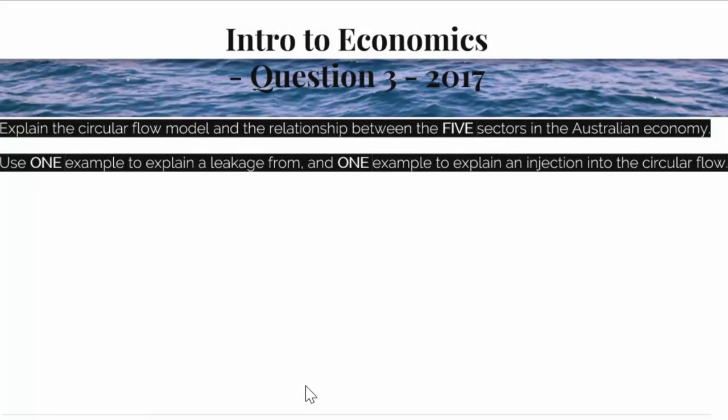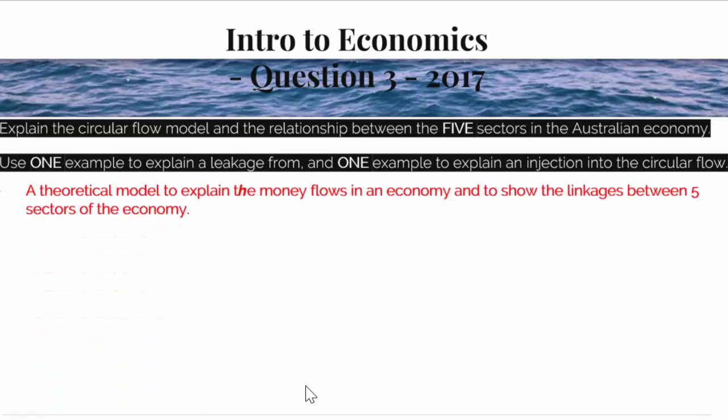Question 3. Explain the circular flow model and the relationship between 5 sectors of the Australian economy, and then use one example to explain leakage and one example to explain an injection. This is a theoretical model that explains money flows in various sectors of the economy.